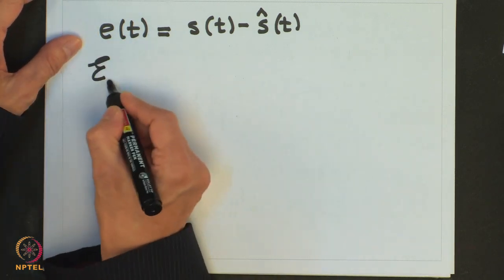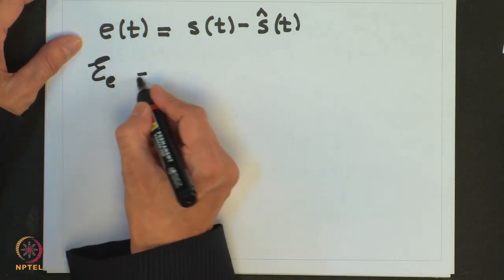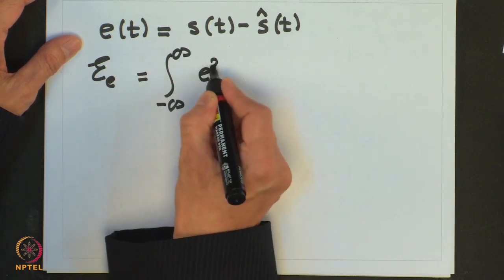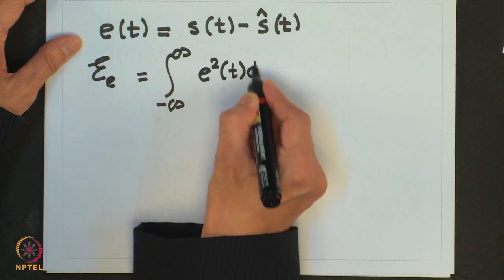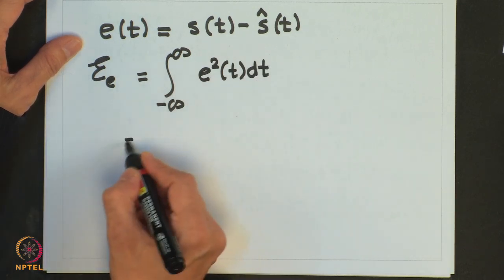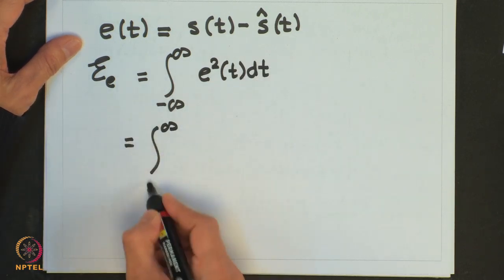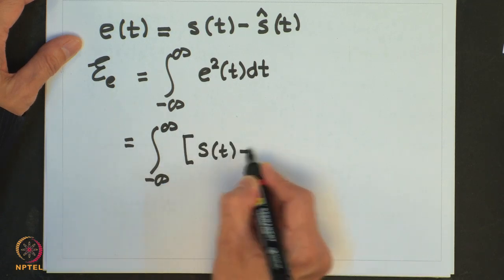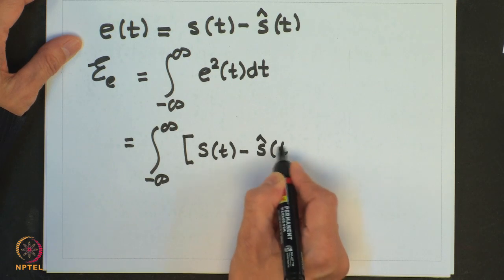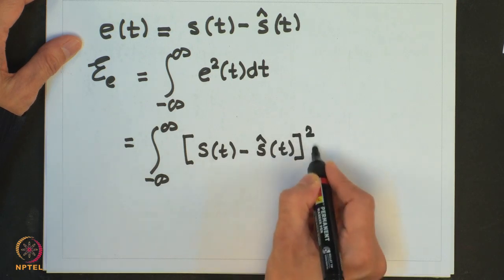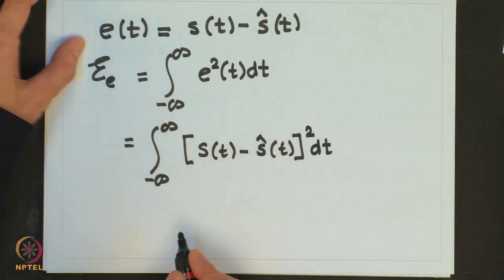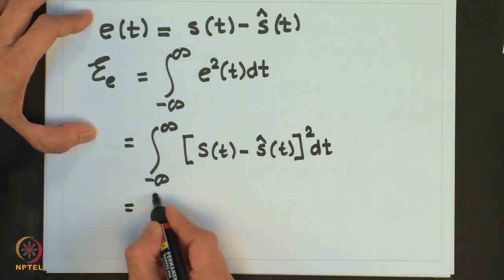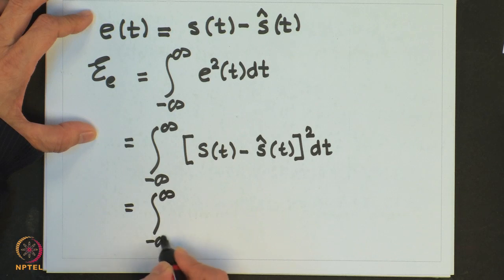So, the energy in this error is equal to this, correct. So, what this implies is I want to choose my coefficients s_k in such a way that this quantity gets minimized.